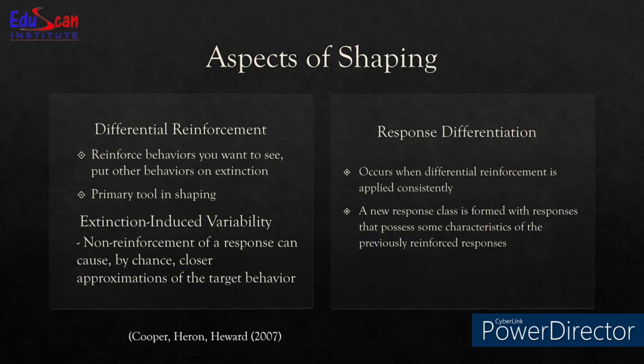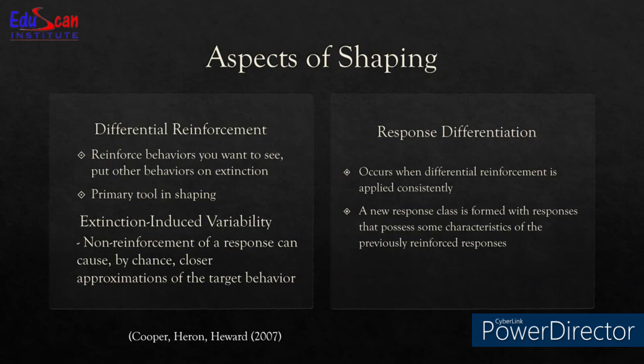Non-reinforcement of a response can cause closer approximation behavior. How? When you aren't reinforcing a response, it forces the learner to engage in different responses. So by chance, sometimes we can get a response that is closer to the one we want to see, and then it leads to response differentiation.